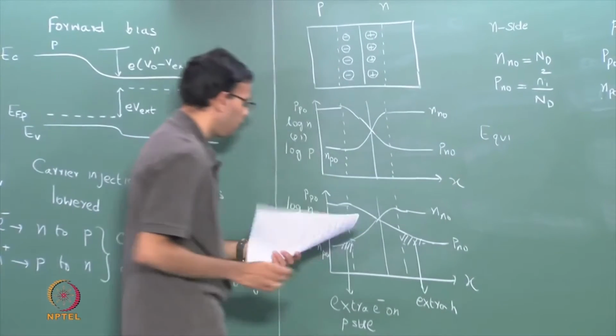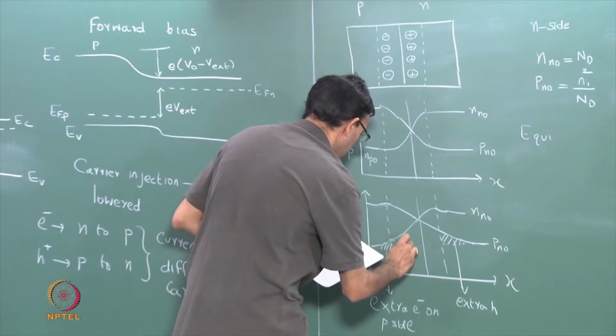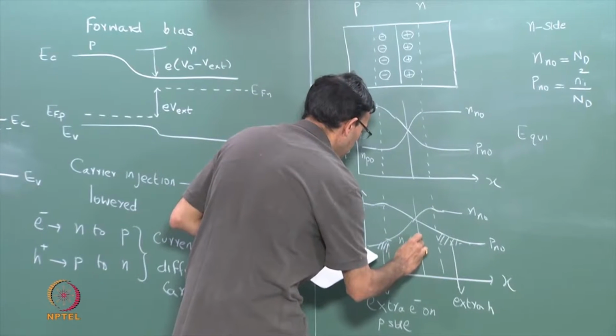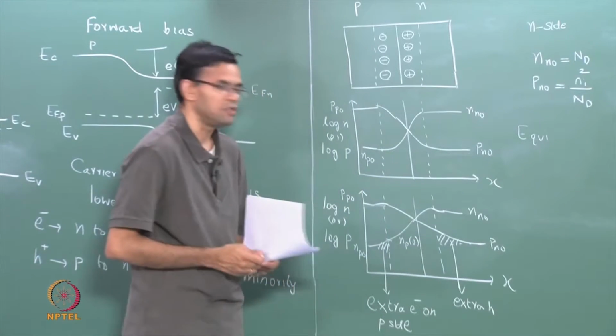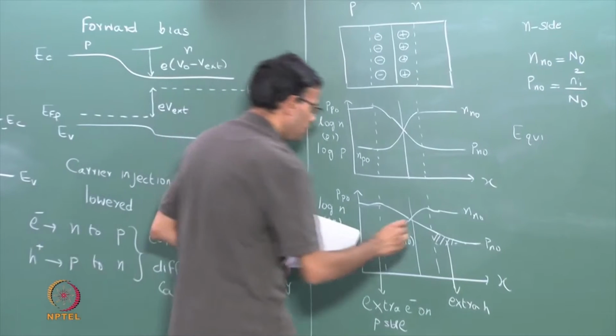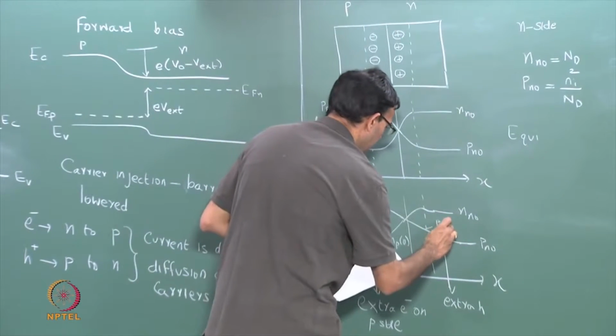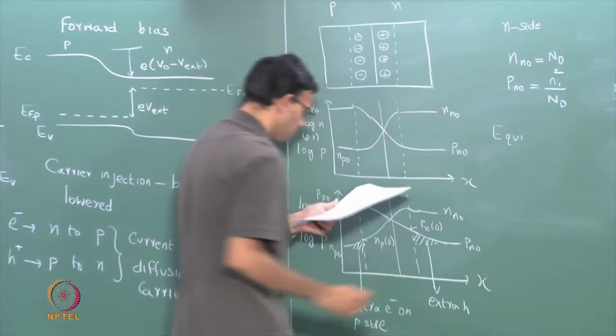So if I call the concentration of electrons at the junction as n_p of 0, so n_p of 0 is the extra electrons that are injected onto the p side. Similarly, you have p_n of 0.